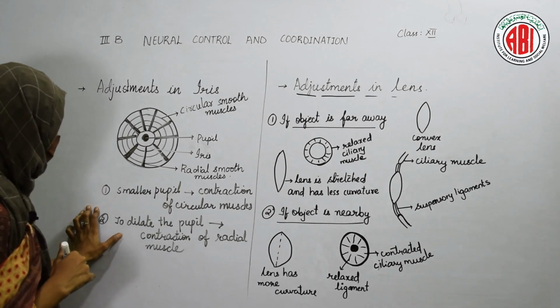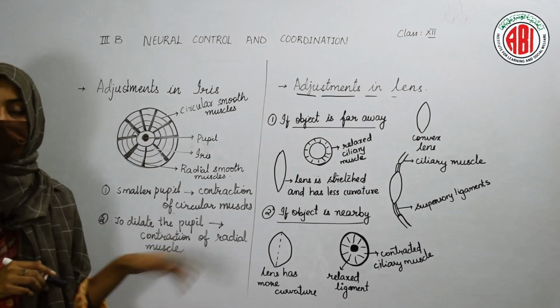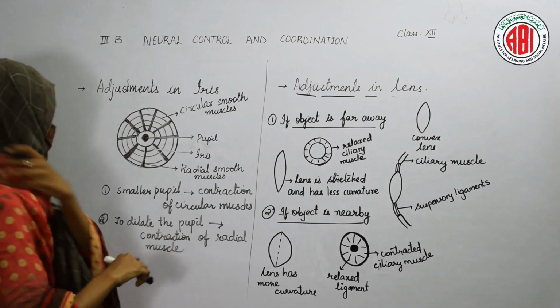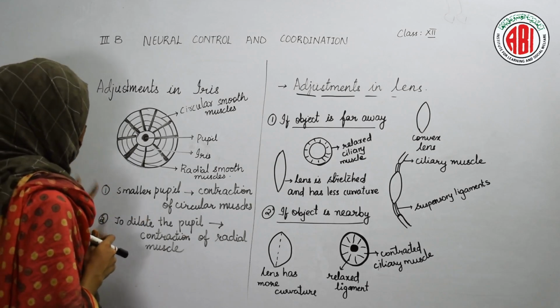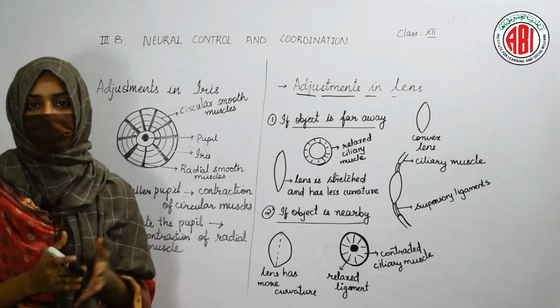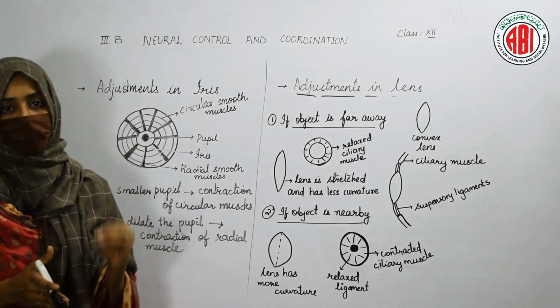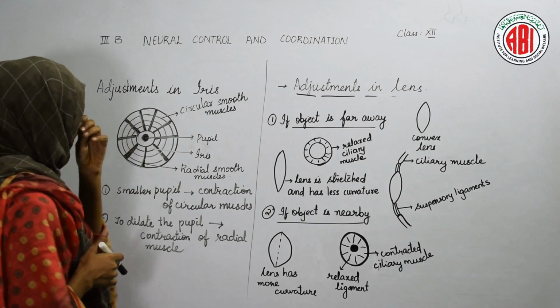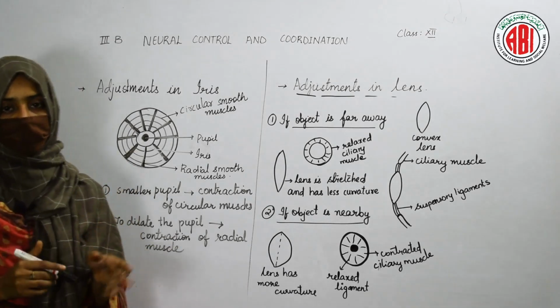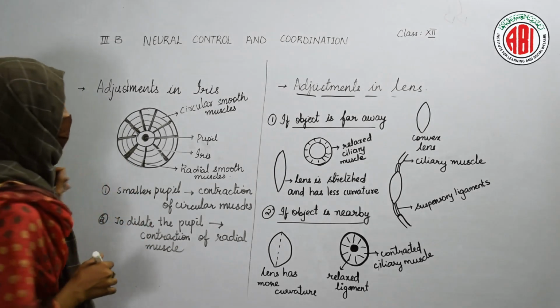So, to dilate the pupil, the radial muscles get contracted, and only due to this contraction, the pupil becomes larger in size, due to which we are able to see the different objects present in the dark room. Not clearly, but we can see the objects found in the dark room.